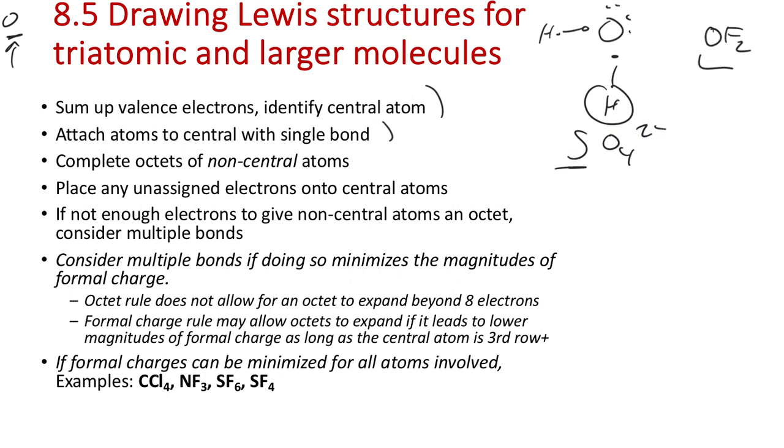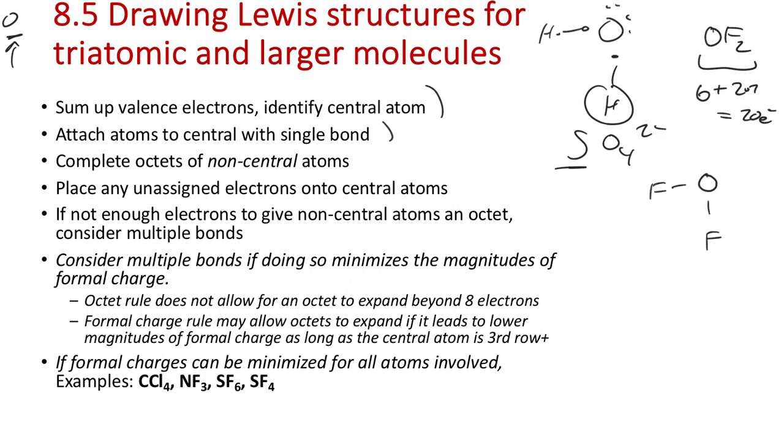If I'm doing a Lewis structure for a molecule like OF2, do you see how O is going to be the central atom? The two Fs would have to be attached to it. That's why we write the formula this way. Our valence count would be 6 for O, 2 times 7 for F, so 20 valence electrons. Our rule so far is to attach those non-central atoms to the central atom.